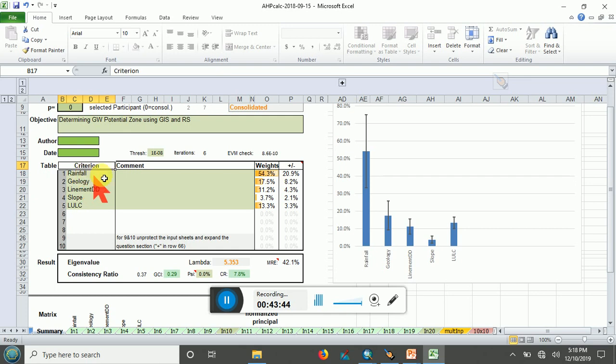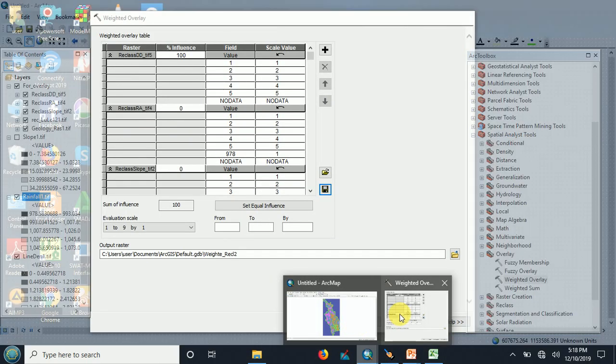It means rainfall has 54.3% influence, geology 17.5% influence, lineament density 11, slope 3.7, and land cover change will have 13.3% influence.